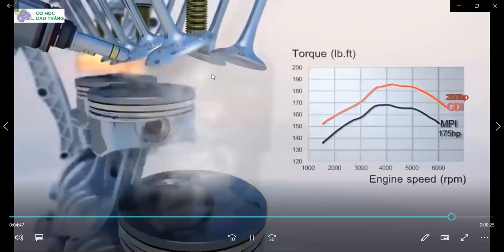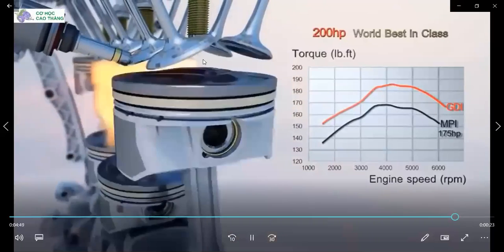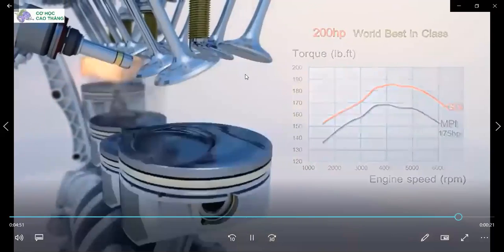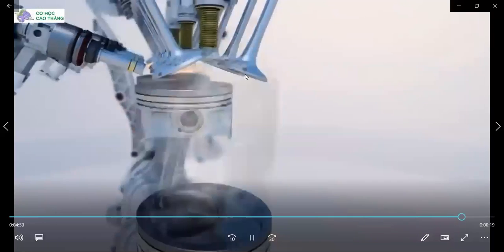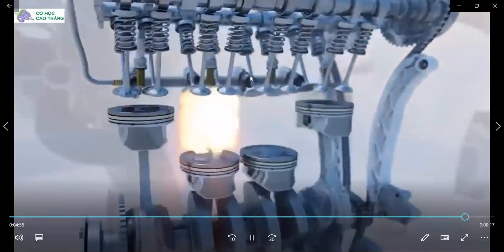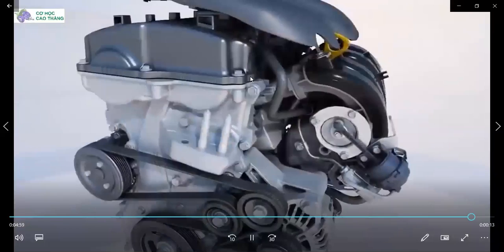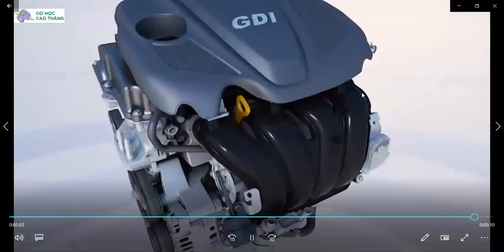The injection of fuel and the air is controlled through an actuator.